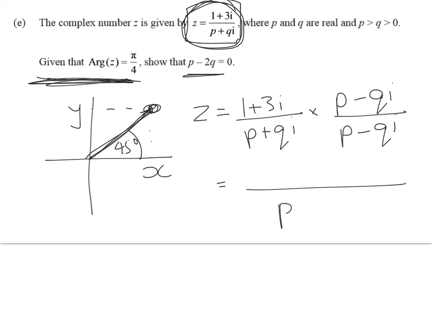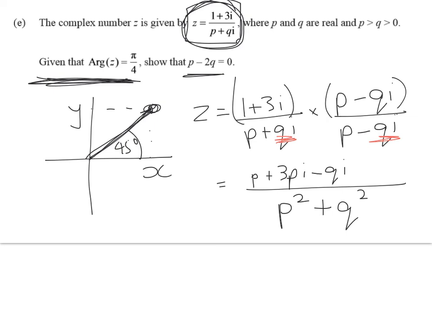As usual, that denominator will now be p squared plus q squared. If you're not comfortable with that, you need to do some more work on achieved level stuff. It's our familiar pattern. Up here, the numerator will be p, so I'm doing this one times this one, p plus 3pi minus qi plus 3q, since i squared equals minus 1.